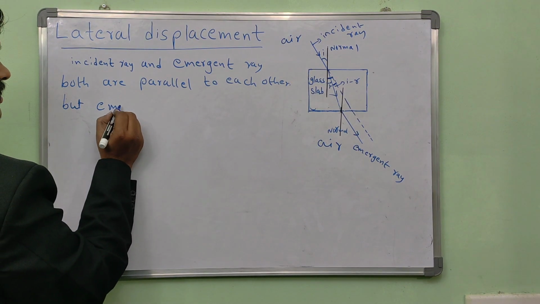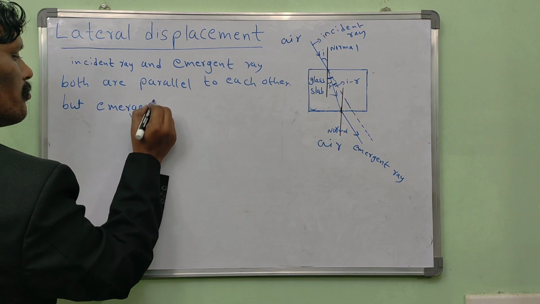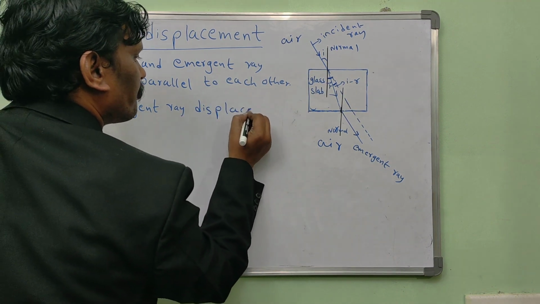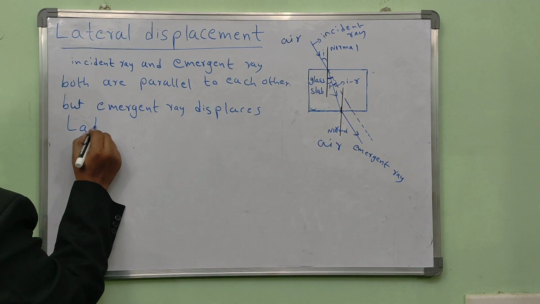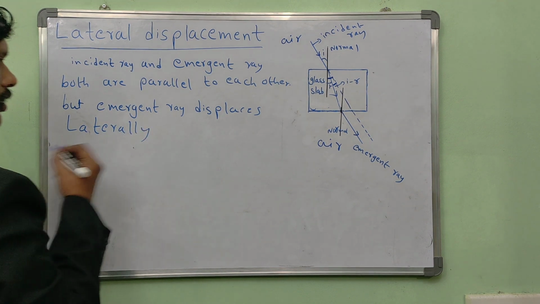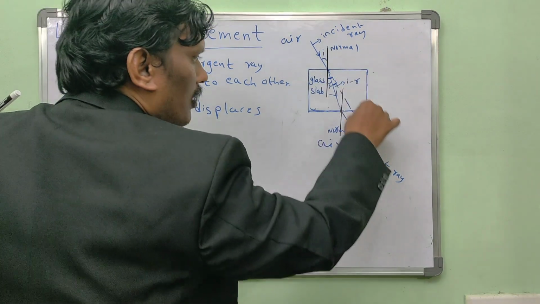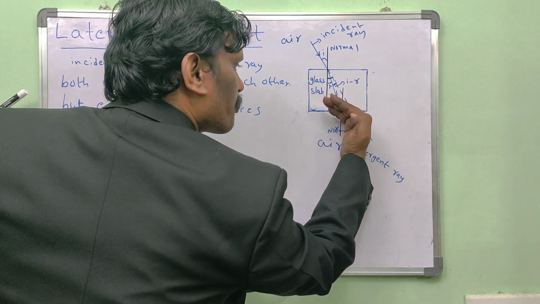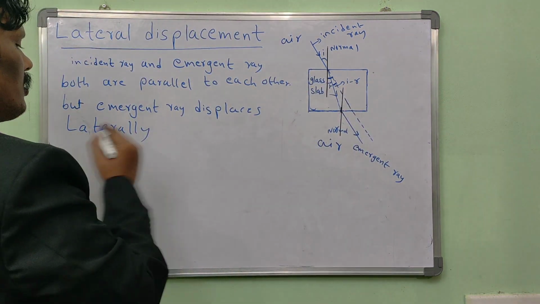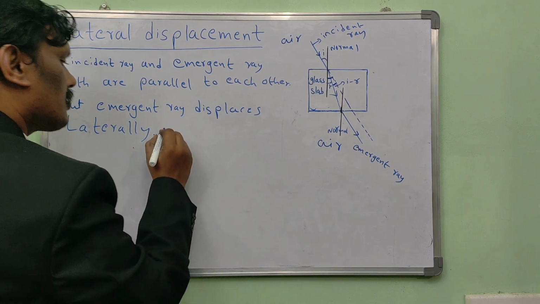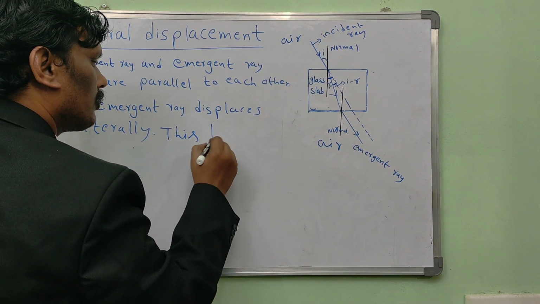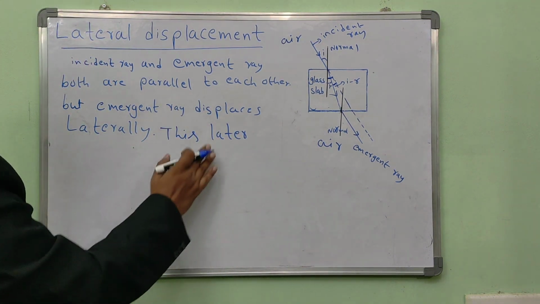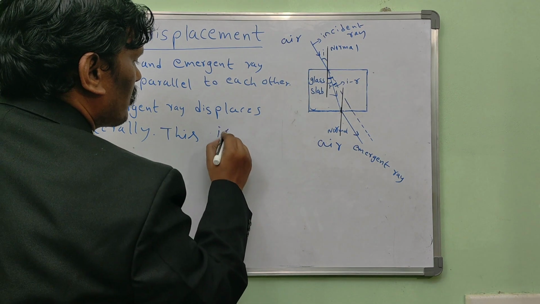The emergent ray displaces laterally. That means this is the original path, and this is the emergent ray. That emergent ray displaces laterally.